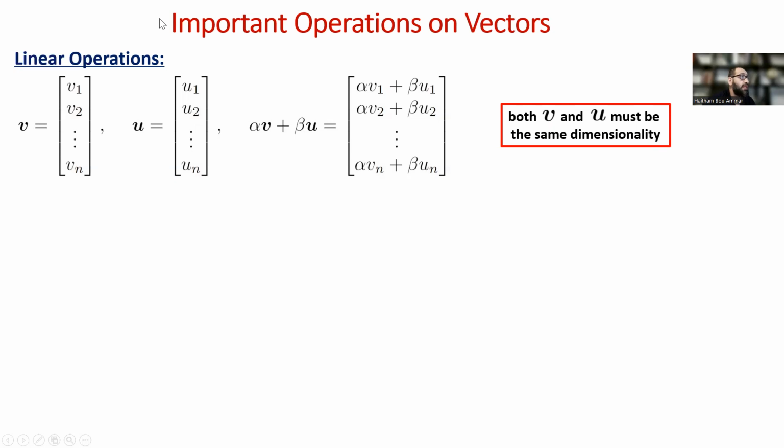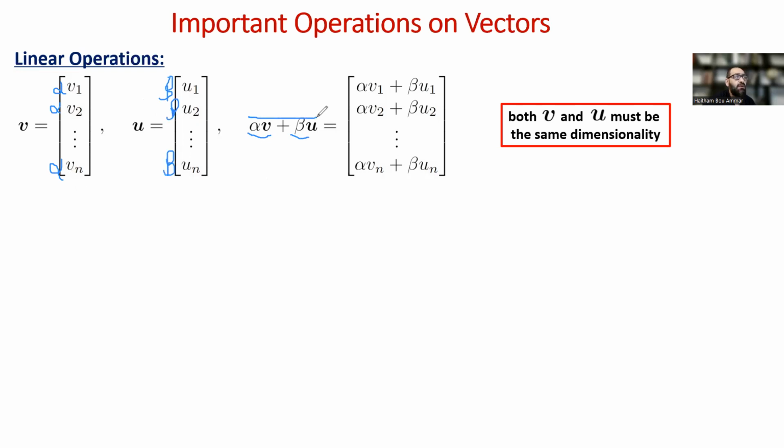What we mean by that is, when you multiply alpha by the vector v, you are multiplying every component in that vector by the value alpha. When you multiply beta by the vector u, you're multiplying every component of that vector u by the value beta.